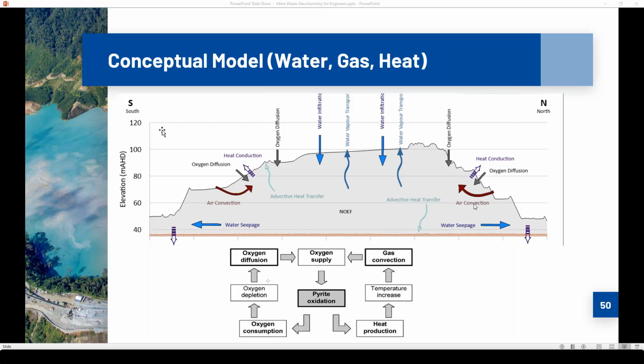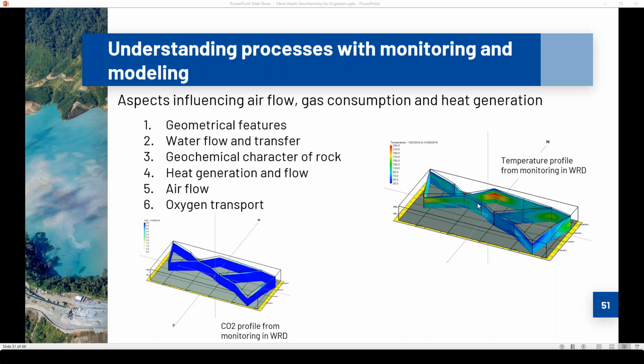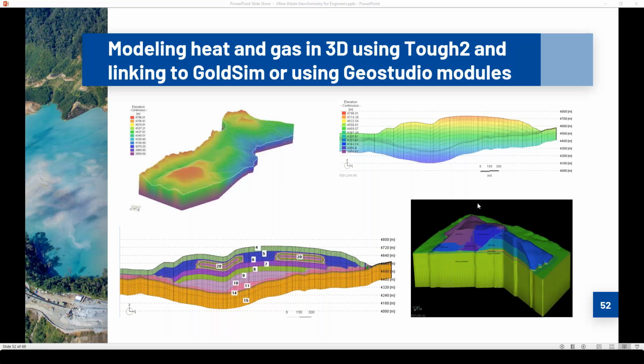By modeling all of that, for this particular case study, we could use their instrumented bores within this waste facility to understand all the factors that influence the reactivity, which would be the airflow, the gas, particularly the oxygen consumption, and the heat generation within that waste rock facility.